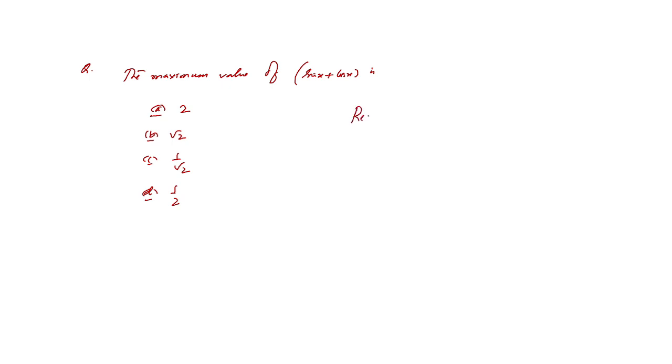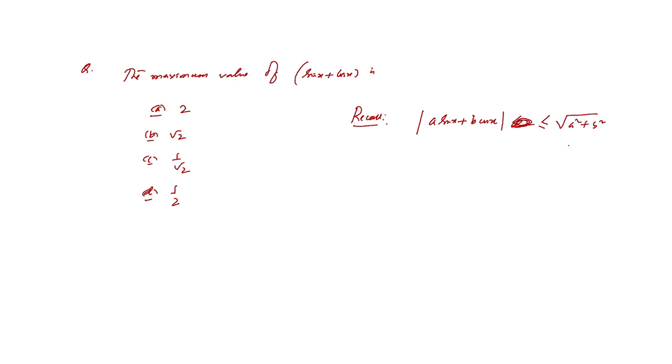Just an important recall: this problem is very, very important, and it is important for any other examination also. For finding out the maximum and minimum value, use this kind of recall. Modulus of a sin x plus b cos x is less than or equal to root under a square plus b square.